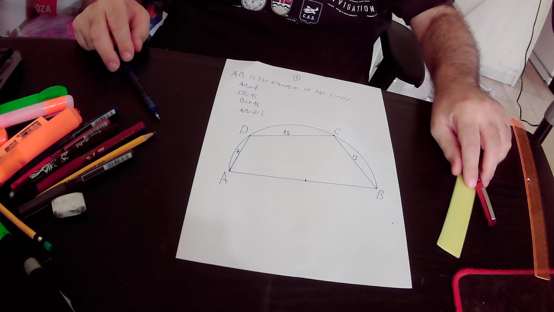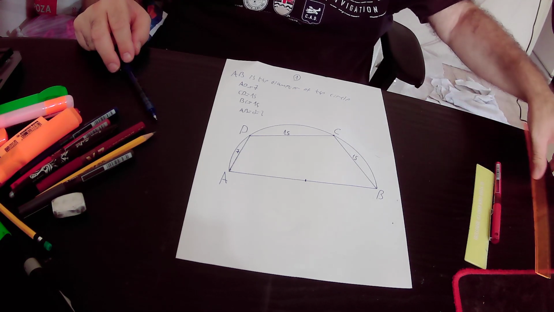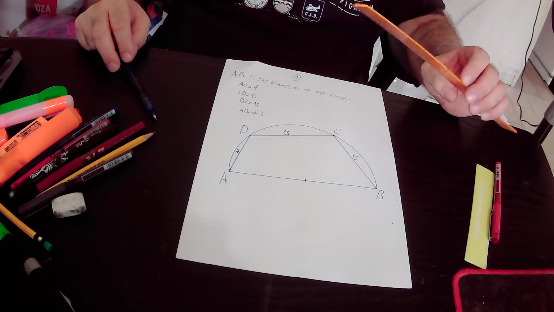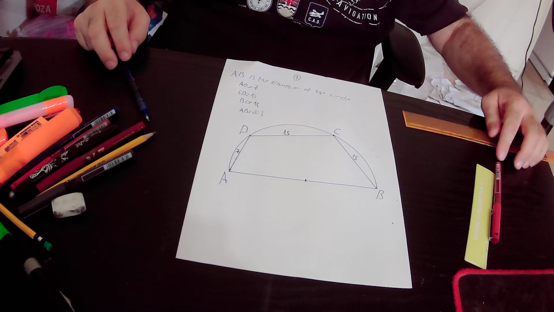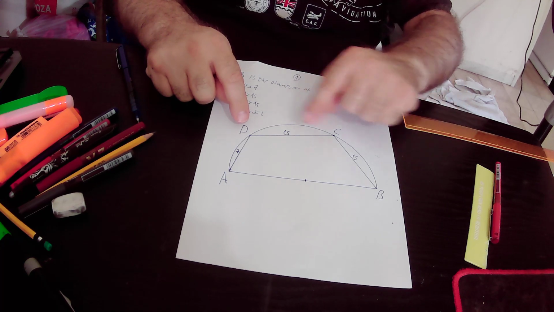So first of all, we will connect points D and B by a straight line.